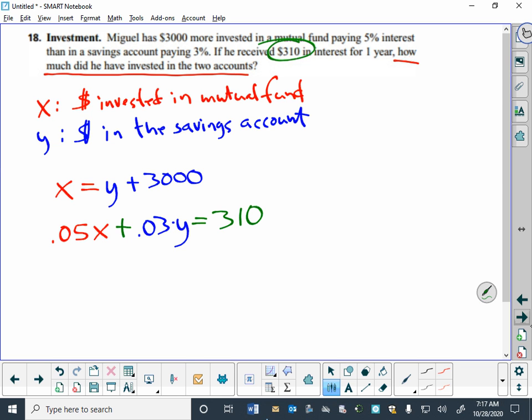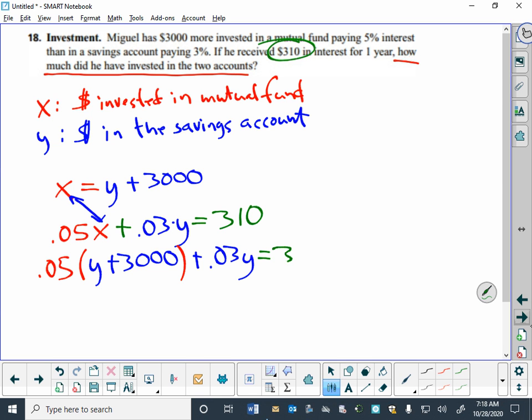The top one is set up to make a substitution. Okay, so I can do 0.05 times, following that substitution up there, it says x is the same thing as y plus 3,000, plus 0.03y is equal to $310.